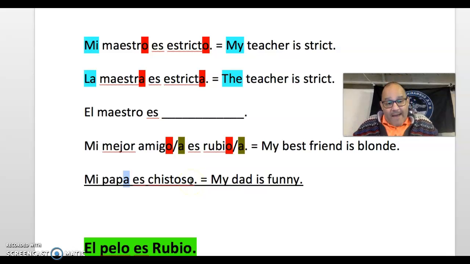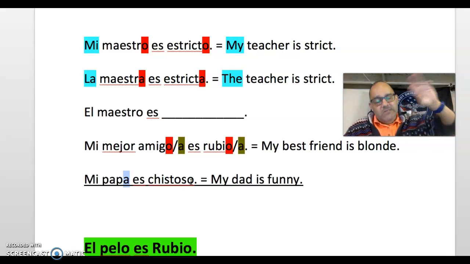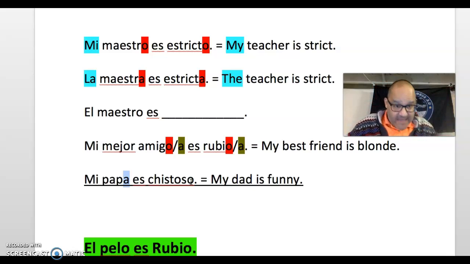Because we know "papá" means dad, and that's a man. So we have to use the description for a man. Even though the way of calling him is "papá," we change that to O because "papá" is referring to a man. So the adjective has to refer to how the person identifies, or how you identify the person, in this case.